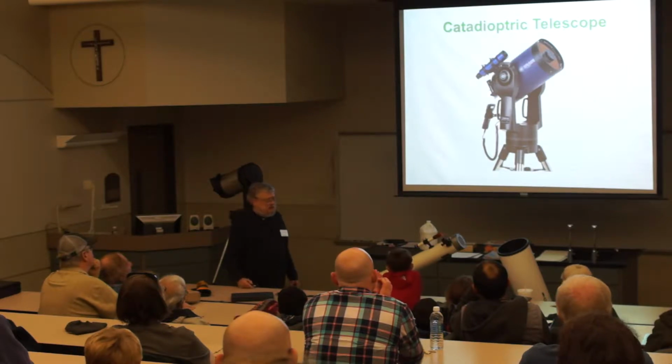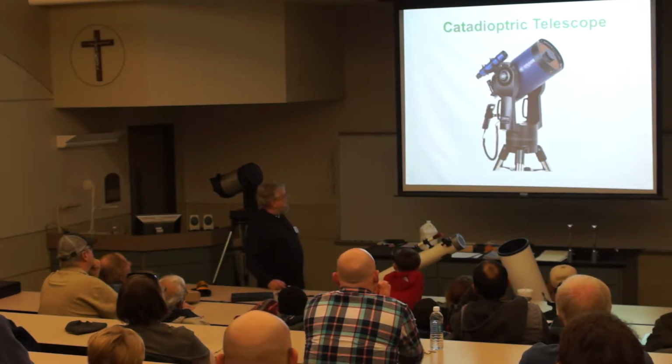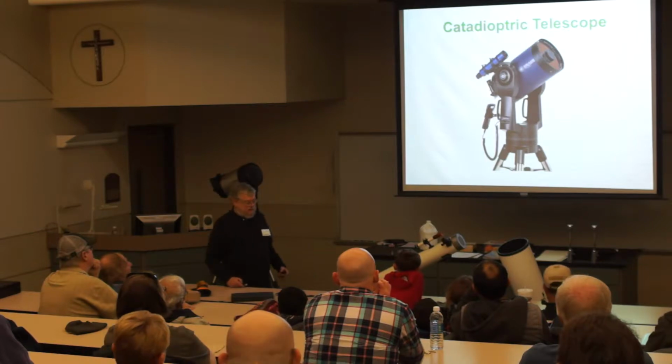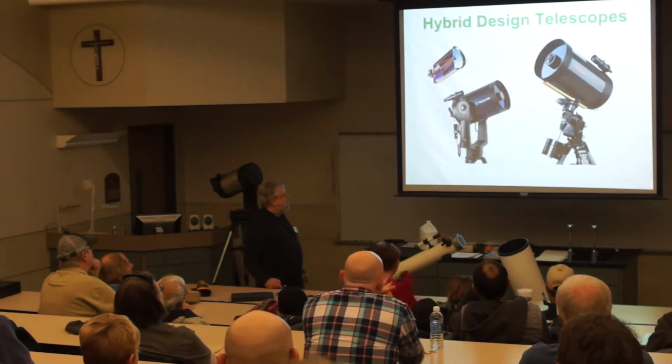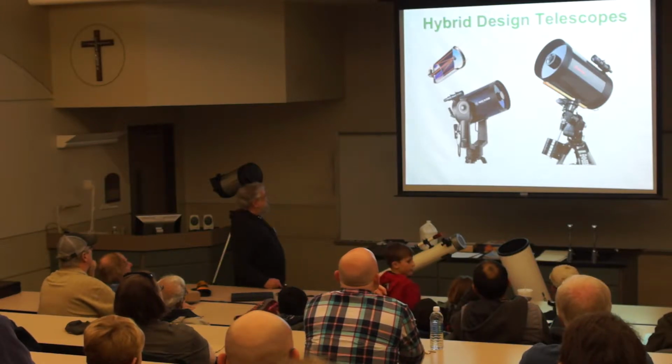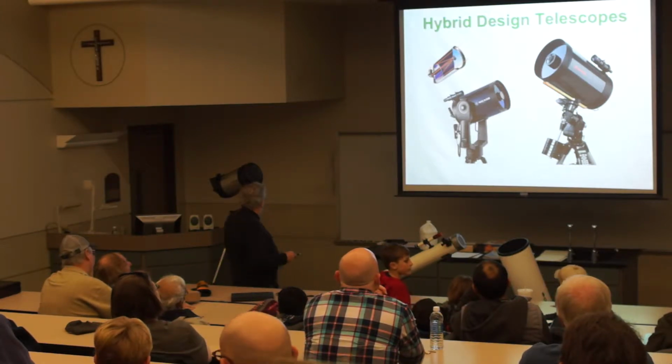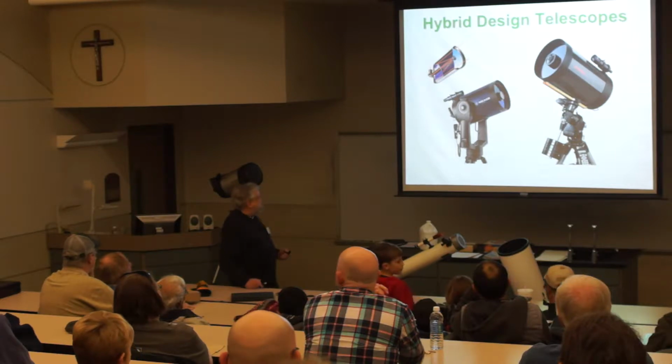So it's a combination of mirrors and things like lenses. We'll go over the details of these in just a moment. Here are several of the hybrid design telescopes, including one here right behind me.